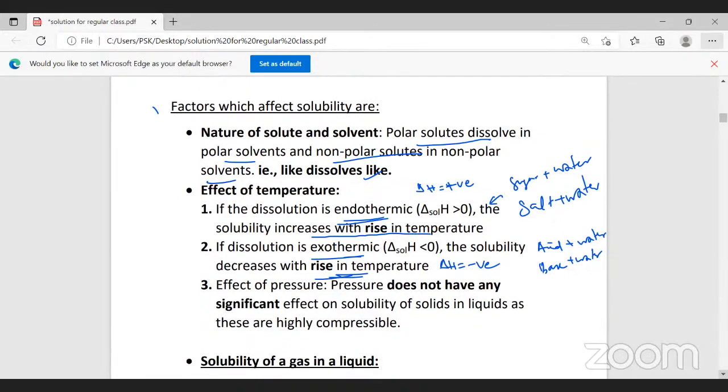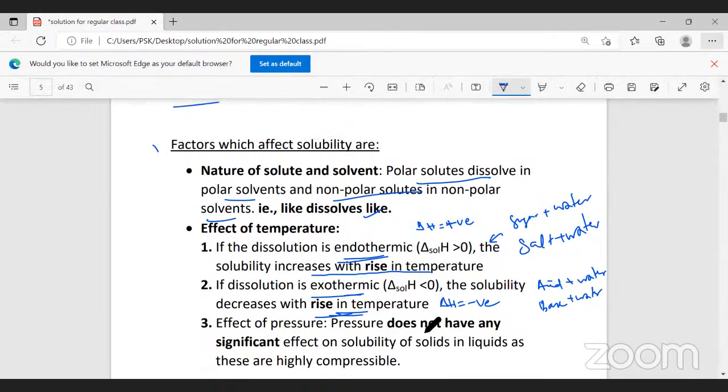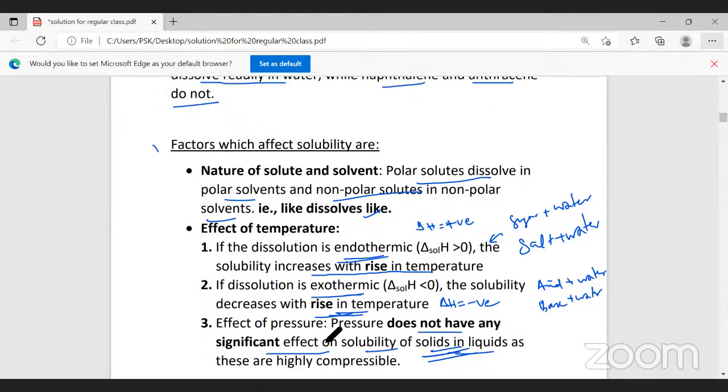The third property is the effect of pressure. Pressure does not have any significant effect on the solubility of solids in liquid. Pressure will have a significant effect when the solute is a gas, when a gas is dissolved in water.